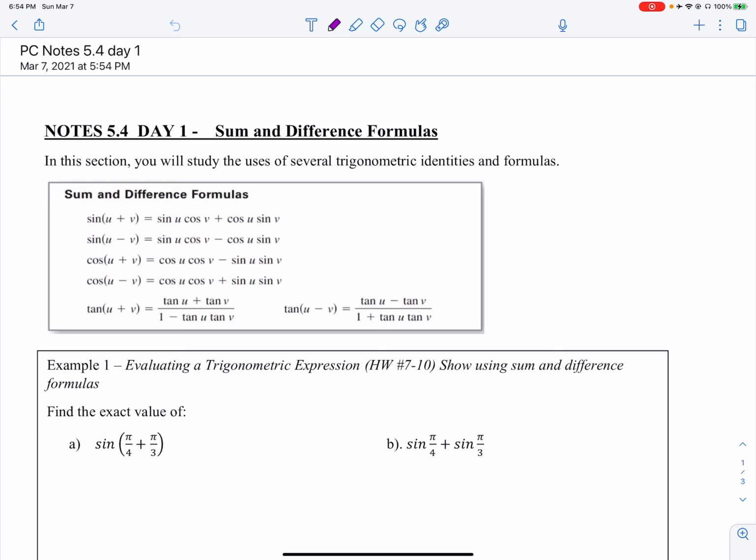And so you're going to want to look for some patterns, such as notice on sine, if you have addition between these two expressions, you have addition between those. If you have subtraction, you have subtraction between those. So with sine, the signs are the same.